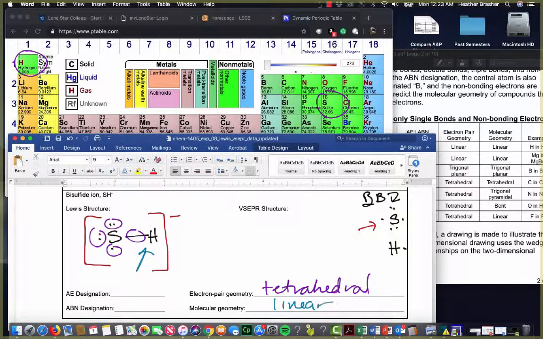So it's linear. When we do this guy, you'll have all your unbonded electrons there.